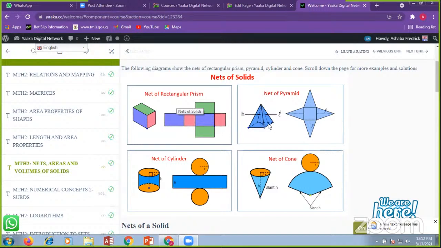Likewise, if we are to open, this one we leave there. This one falls here, so it gives us this. This side here, make it fall here, then there is a side over there. That is how the net will look. It has the slant height, and it also has the height, but on the net we are only able to see the slant height.